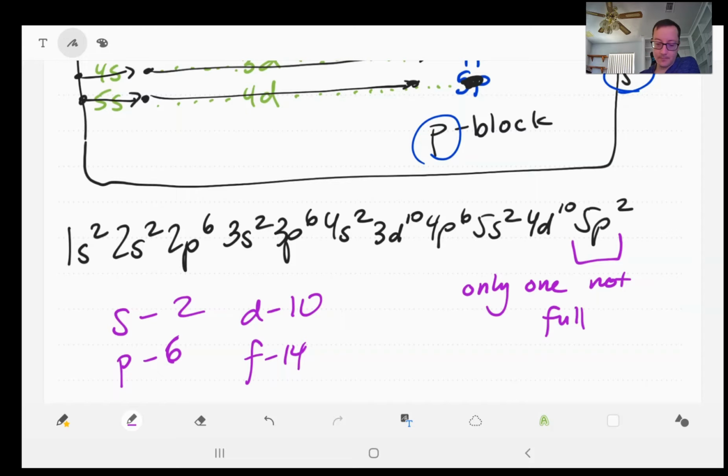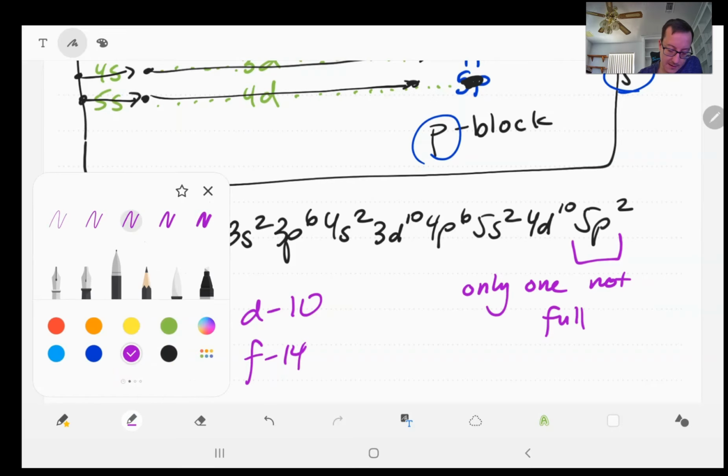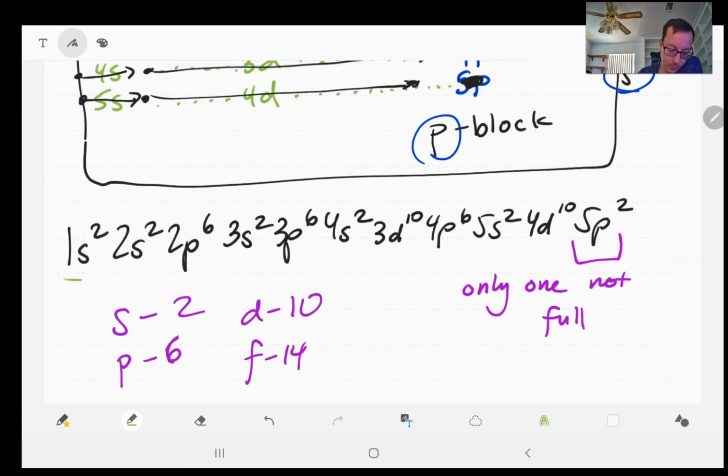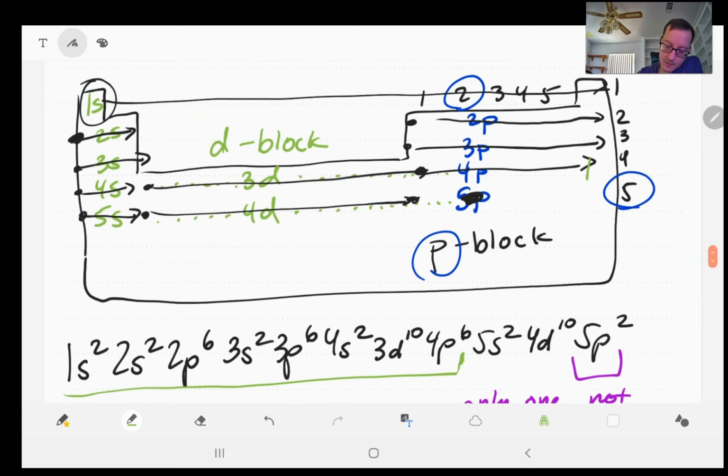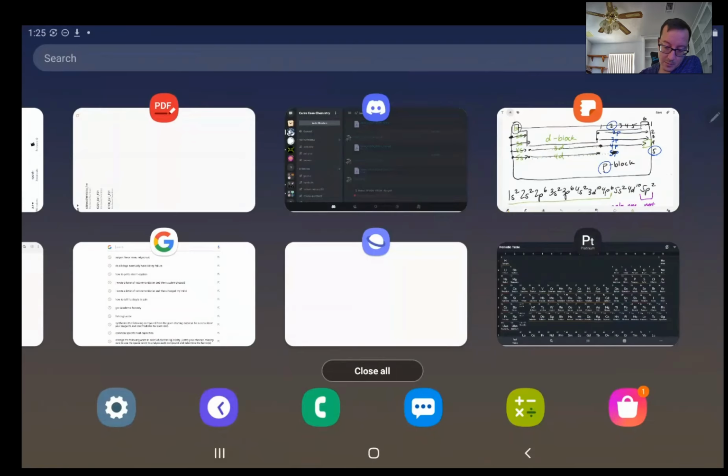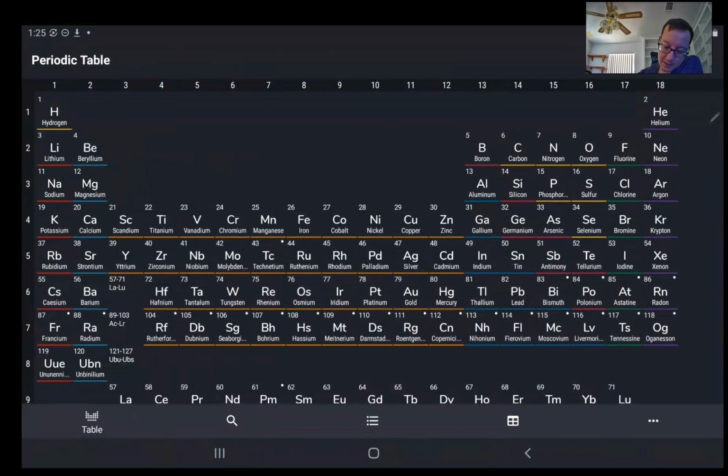If we wanted to do this as the noble gas, we would say, aha, we have a noble gas here. We're in period 5, so we look at the noble gas in the row above it. Let's swap back to our periodic table. We're looking at tin right here, so we go one row up and find the noble gas.